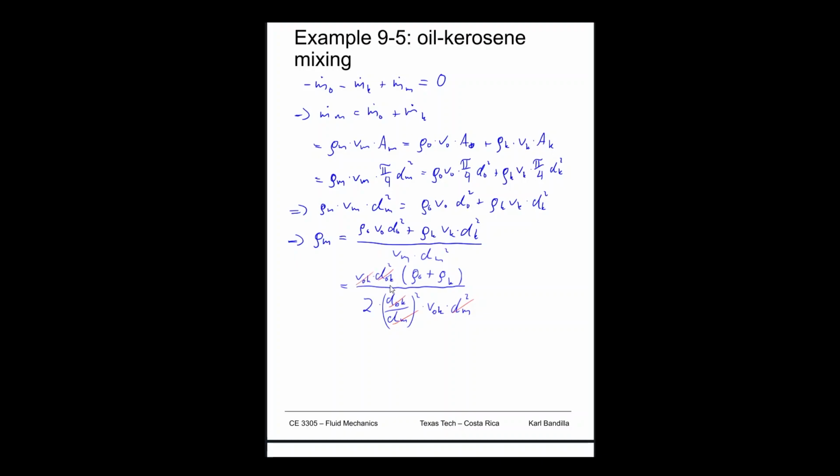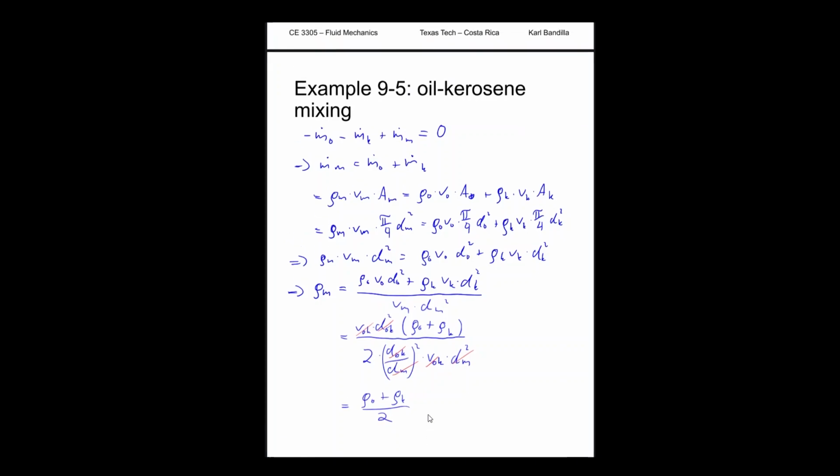We have a VOK and a VOK. So most of what we have cancels out. And so that means our density of the mixed fluid is rho O plus rho K divided by 2.